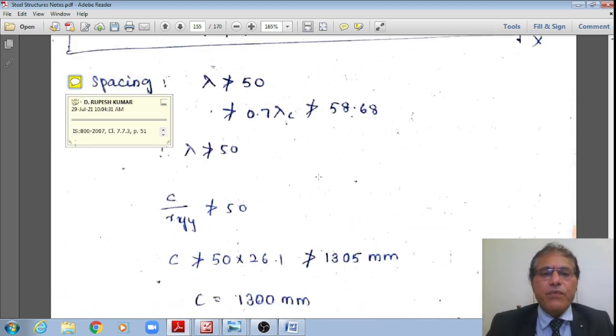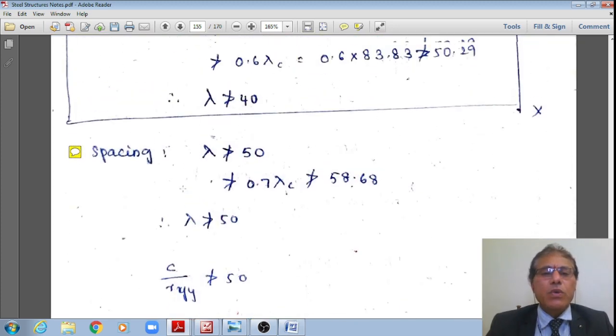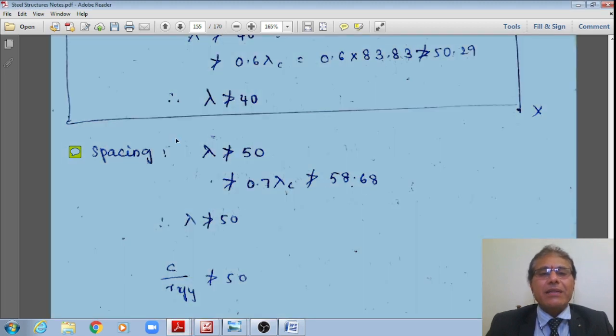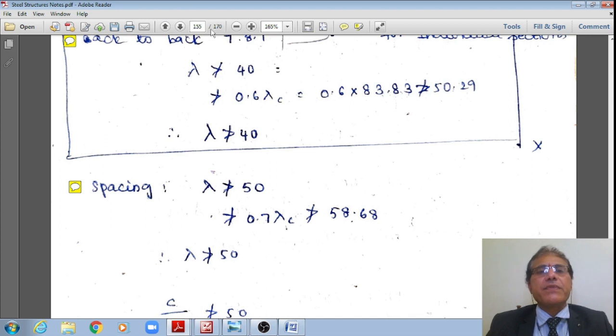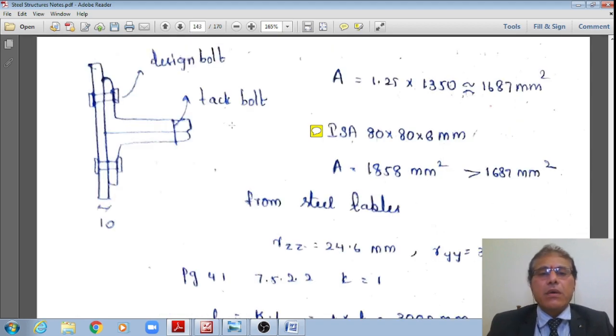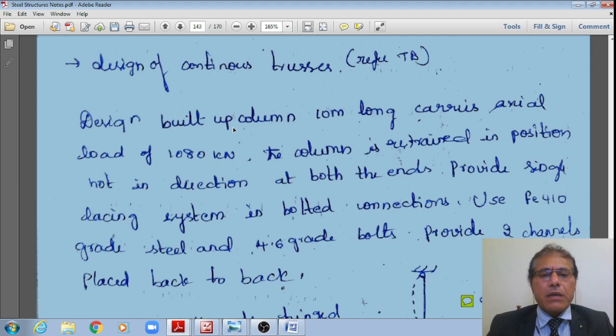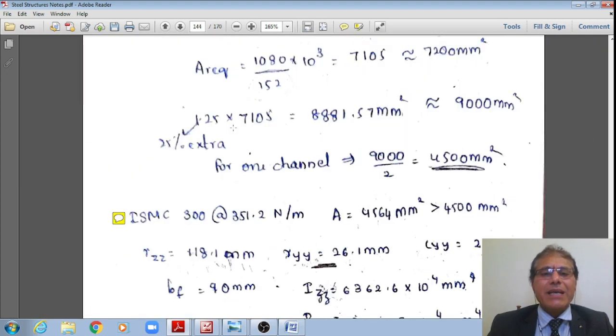Now before I go to the spacing of the lacing system, let me fix the spacing between the two channels.